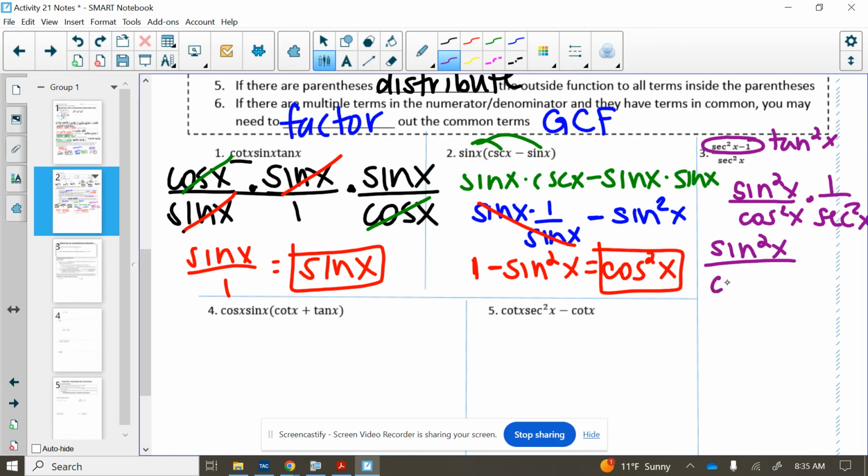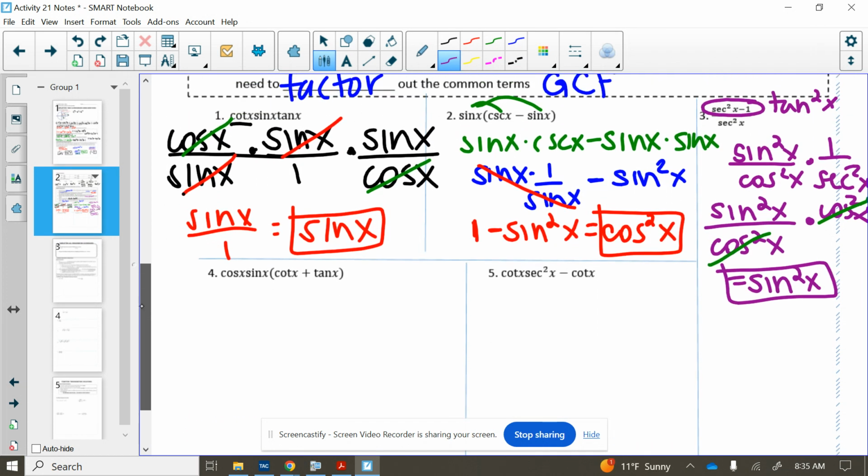We can make that into cosine squared if we write it in the numerator. And now we notice we have a cosine squared on the top and the bottom that can cancel since we're multiplying. And our final answer is just sine squared x.